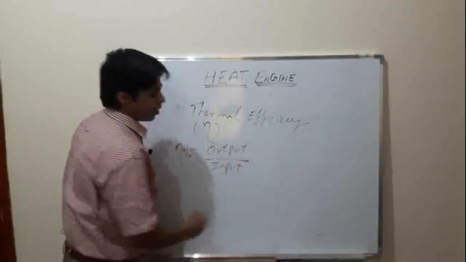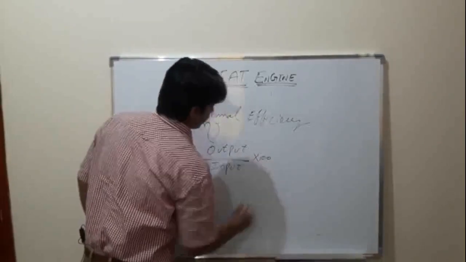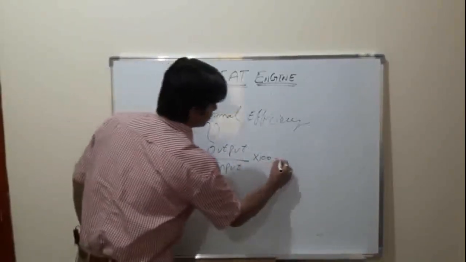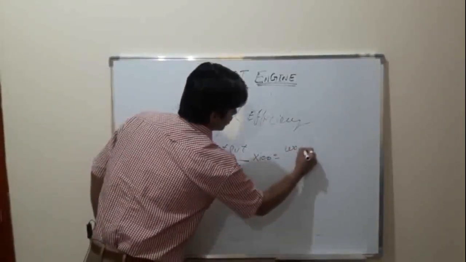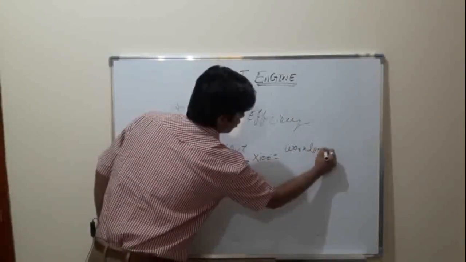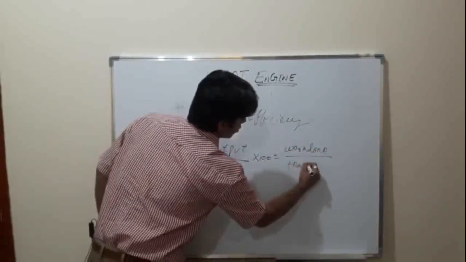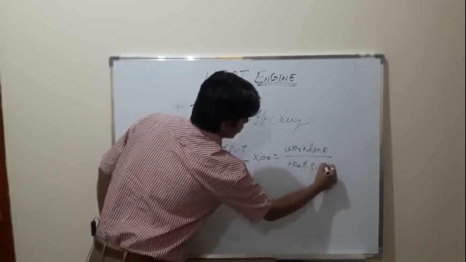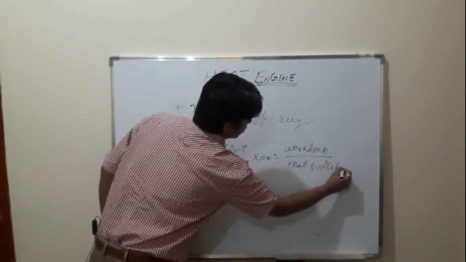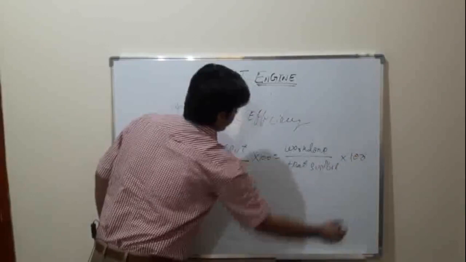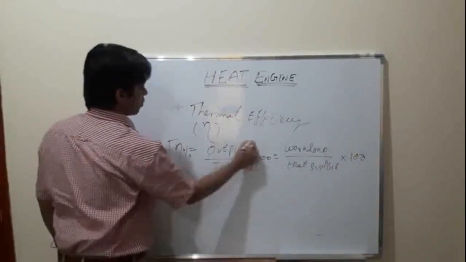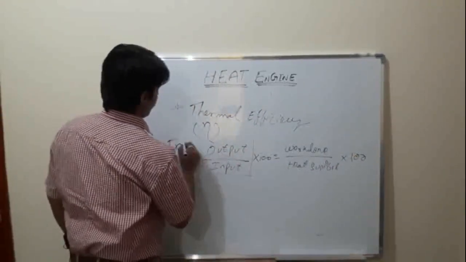What is your output here? Work done. You get work done as output, and the input is your heat supplied, into 100. This is your formula for the thermal efficiency of a heat engine.